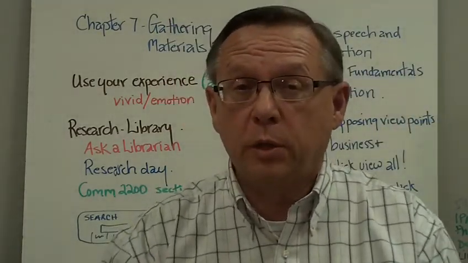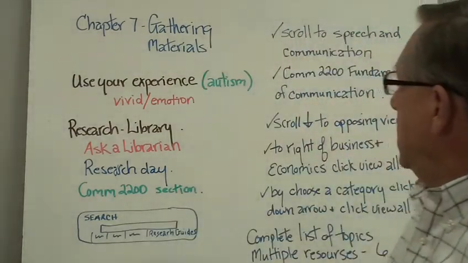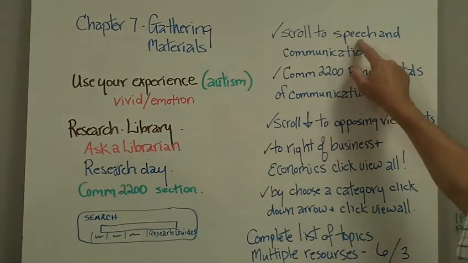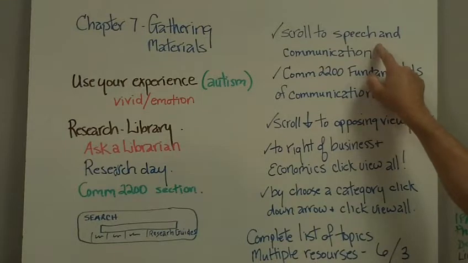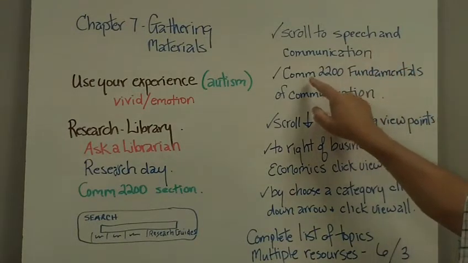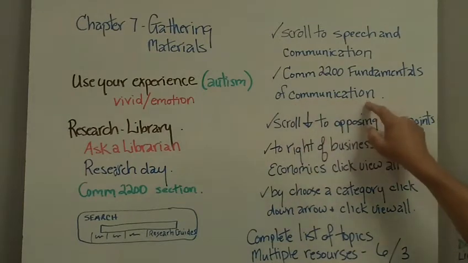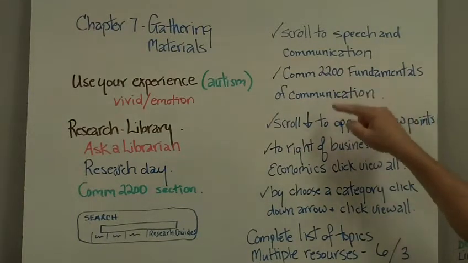That will be where you can find the COM 2200 research site. Now, when you click Research Guides, scroll down to Speech and Communication. Click that. You will see COM 2200 Fundamentals of Communication. Click that. Then scroll down the page.